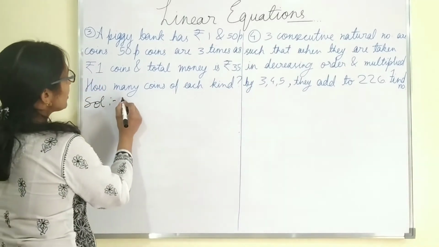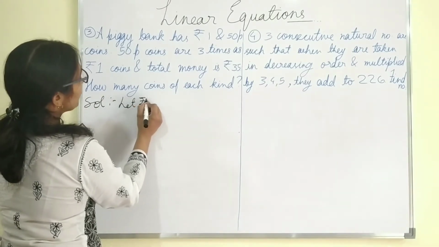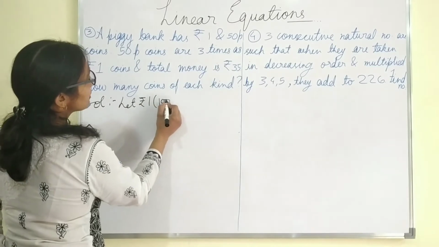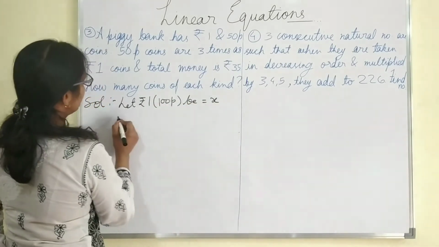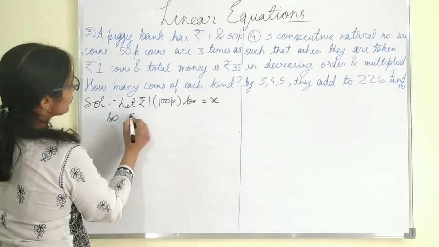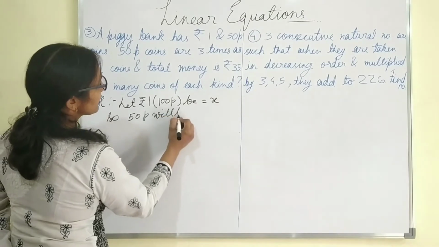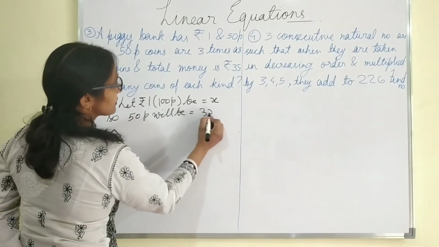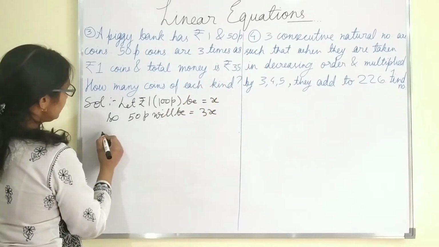So let the number of rupee 1, that means 100 paisa coins, be x. So 50 paisa coins will be 3x. It is given.